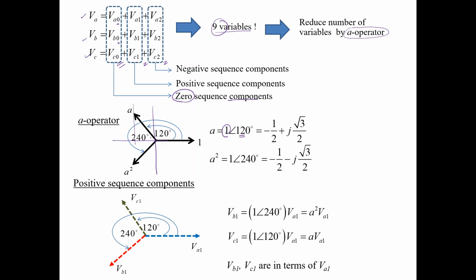120 means that this is 60 degrees from the negative axis, and you can see that this lies in quadrant 2. That's why we have the negative real part plus the positive imaginary part. If you define this as A, then A squared becomes a magnitude of 1 with the angle of 240.